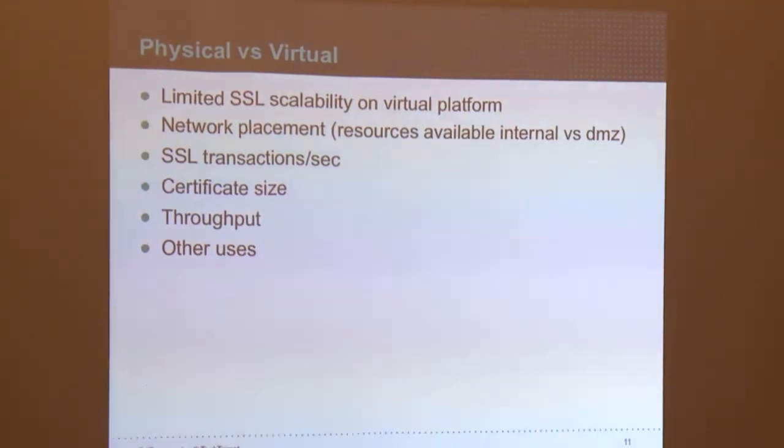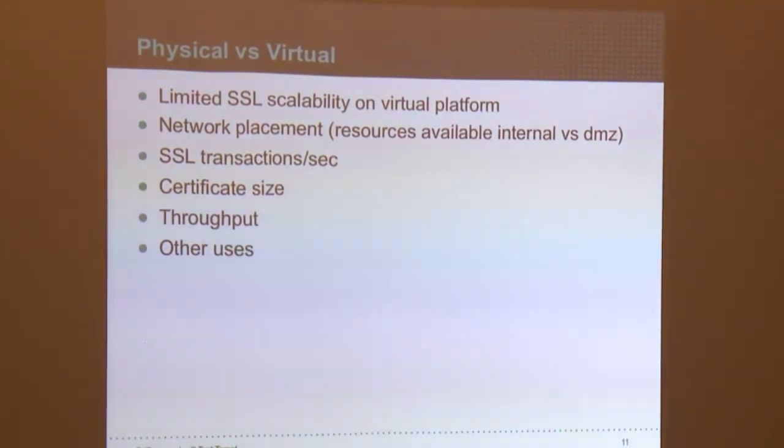The other big one is the network placement of this device, the remote access component. Like I said, most times people are putting this into a DMZ network, and the way that you are segmenting that network from the rest of your environment a lot of times dictates whether we're looking at physical or virtual appliance. So if you have a virtual infrastructure that already exists in your DMZ, that's maybe a plus for looking at virtual appliances.